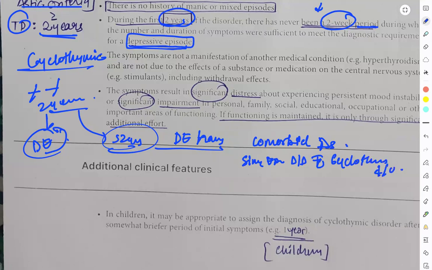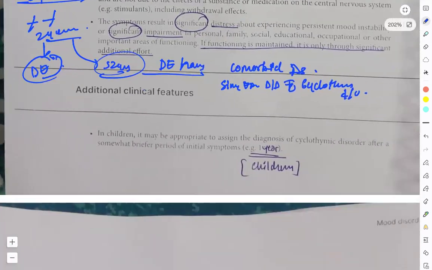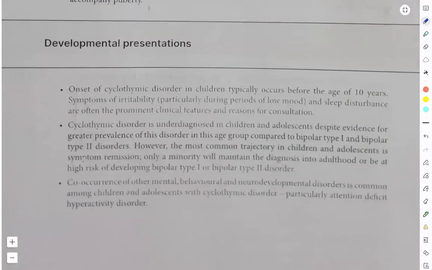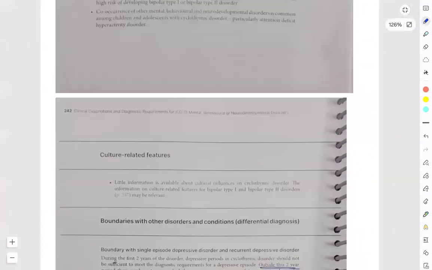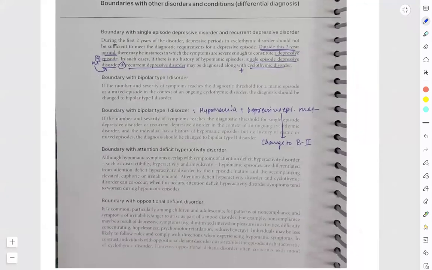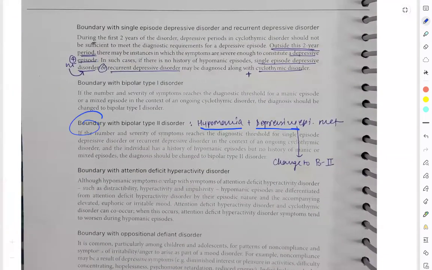And then there is another catch, which we already discussed: let's say a depressive episode or a hypomanic episode occurs with full severity, and the diagnostic criteria for both hypomania and depressive episode are met, then we are going to change this diagnosis to bipolar type 2 disorder.